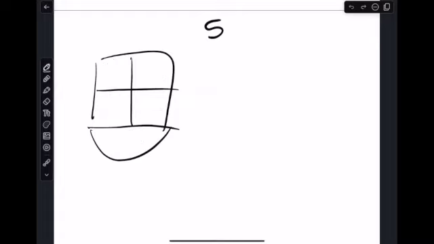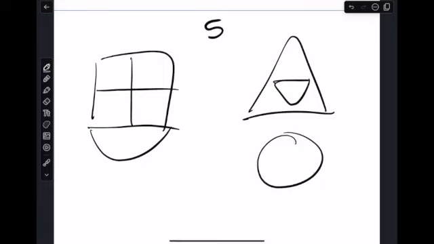Or I can do a triangle and a yin-yang. And I know it sounds like I'm explaining really basic math here. It might sound kind of silly, but it's really just about showing the different possibilities and how the tool can force you to look at things in a way that you might not otherwise.